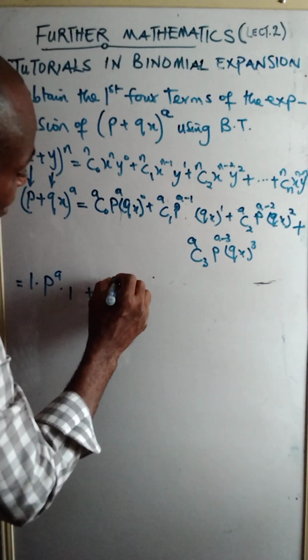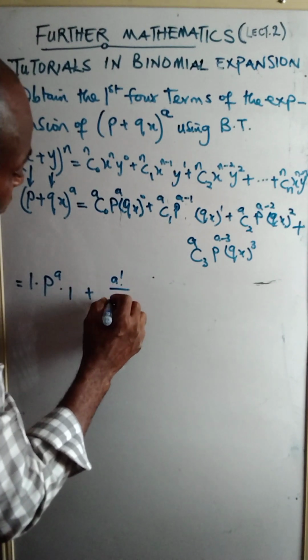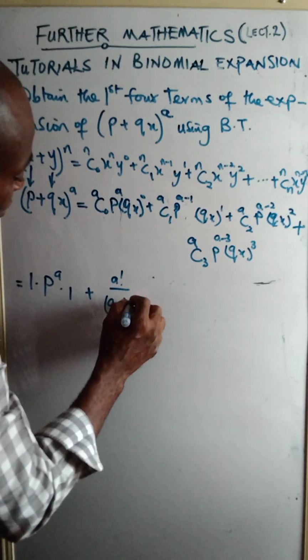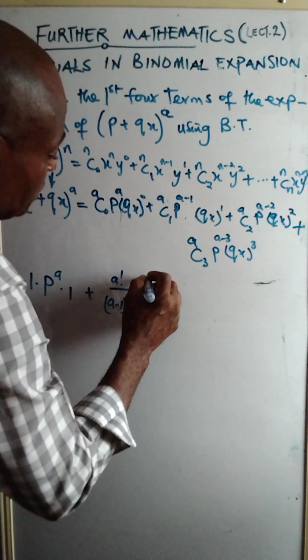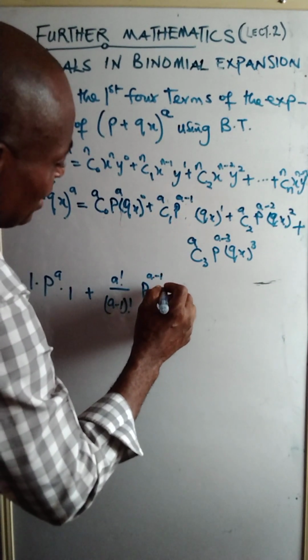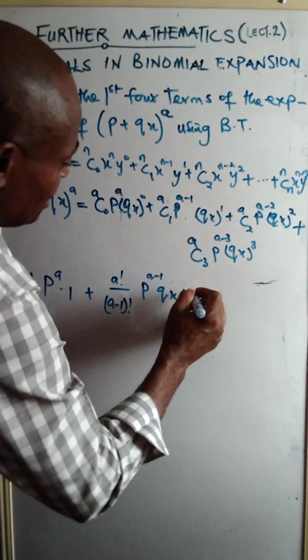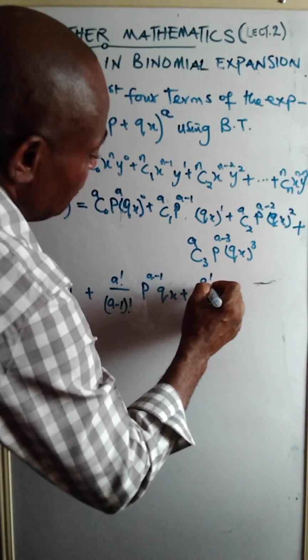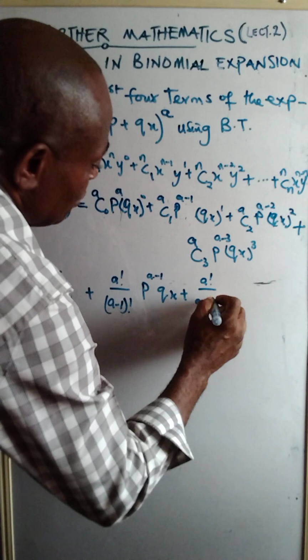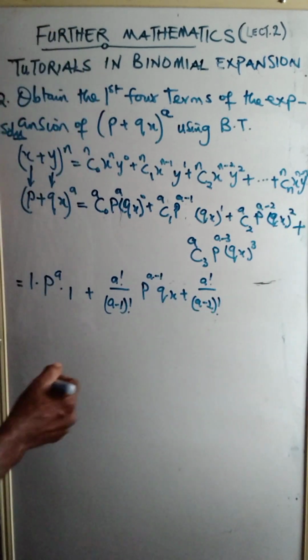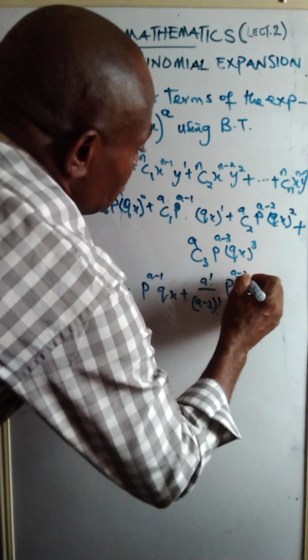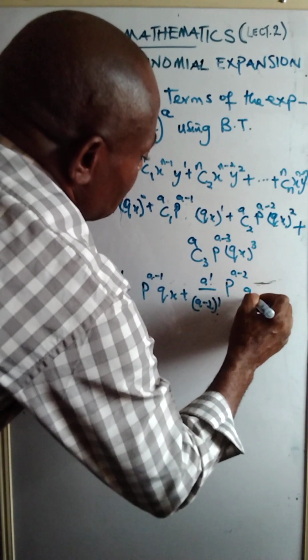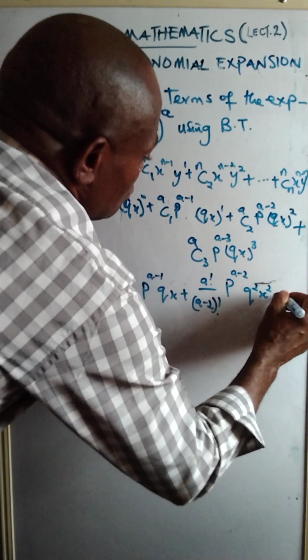Then the next one is going to be a factorial over a minus 1 factorial. And then what we have here will be p raised to power a minus 1. Then we have qx. The next term will be a factorial over a minus 2 factorial. And then our next term will be p raised to power a minus 2. Then we have q squared x squared.